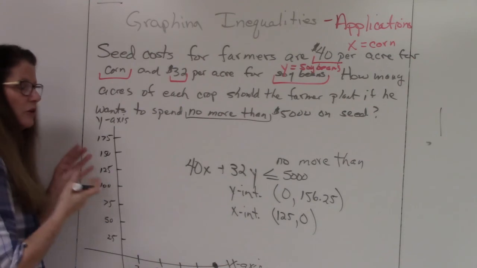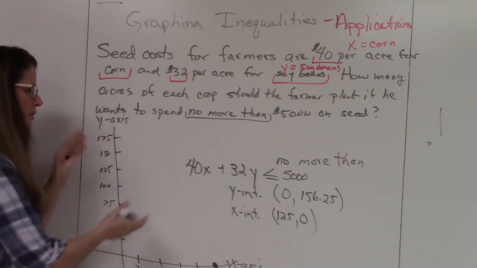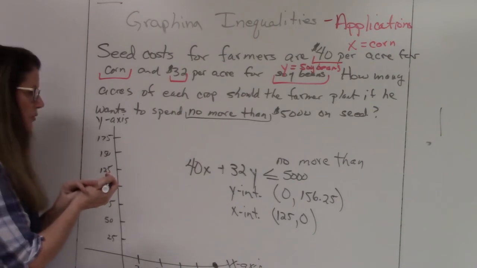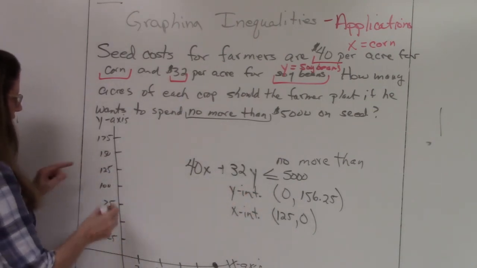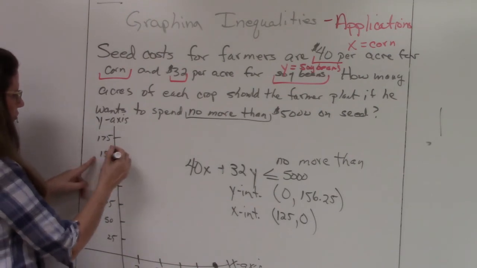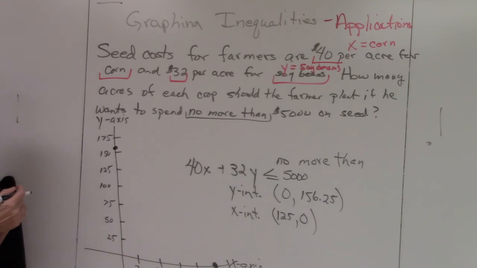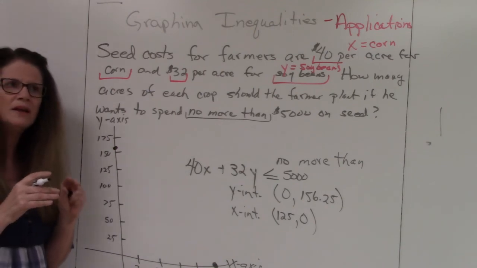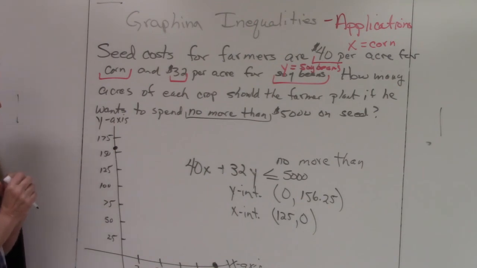Now again, when graphing, the graph is not the most important thing. It's the values that are the most important. So when I graph 156.25, here's 150, so it's going to be kind of close to 150. It's not going to be closer to 175. It does not have to be exact, but you know it's going to be between 150 and 175.